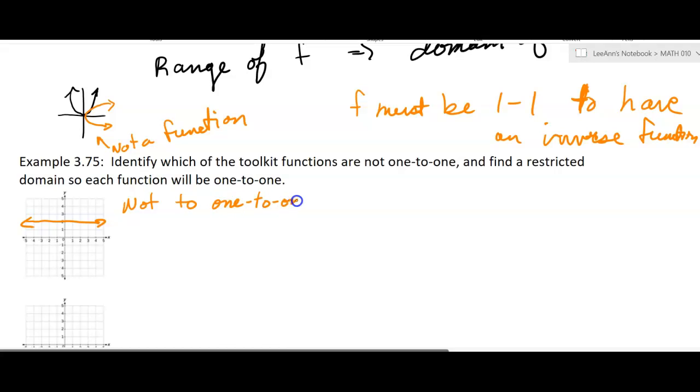I'm going to abbreviate one-to-one. There's no way to restrict this one, our first one. There's no way to restrict it because you would have to just have one point, and it makes a vertical line. So there's no inverse here. But we said not everything has an inverse. Okay.